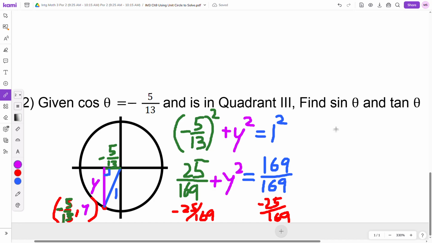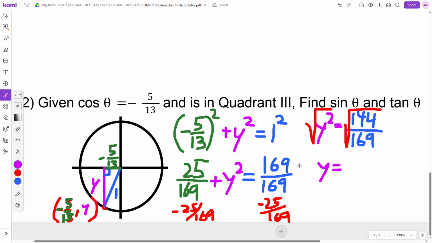And what I'm going to get is y squared equals 144 over 169. And maybe you can see where I'm going with this, because now we square root both top and bottom. Now it's really nice here what they did to us, that both the numerator and denominator in the blue fraction there are going to give me integer square roots.